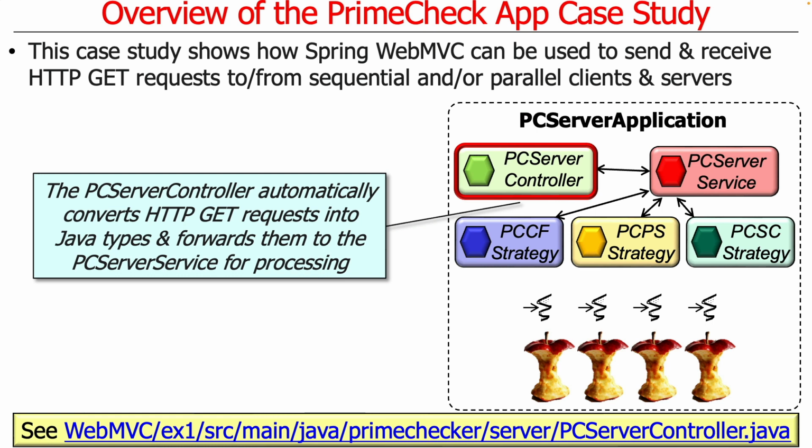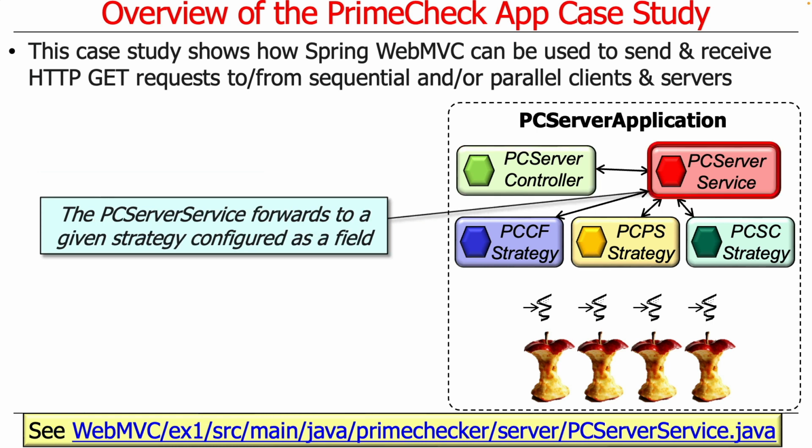There's a controller, because this is Spring, that automatically takes the HTTP GET requests, and it converts the GET requests that come across basically as URLs into Java native types, like an array of integers. And then it's going to forward them to the service, the PC server service, to do the processing.